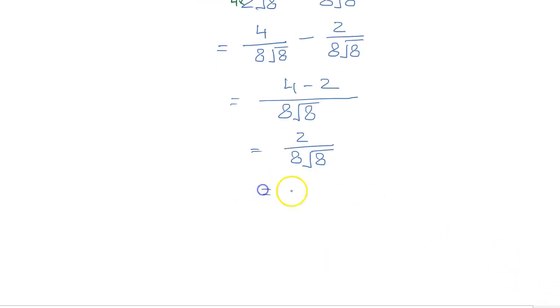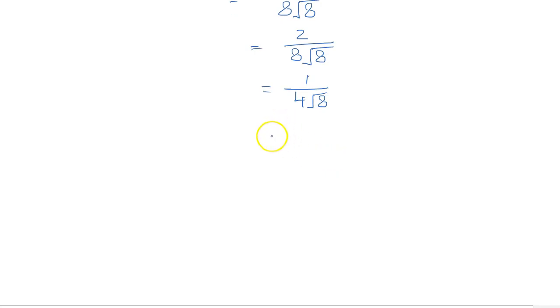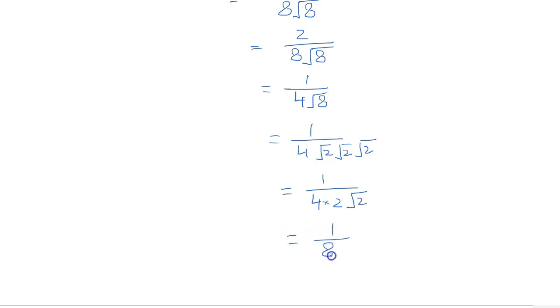We can write this as 1 over 4 root 8. We need root 2, so root 8 can be written as root 2 and root 2, so this is 2 root 2. So that is 1 over 4 times 2 root 2, which is 1 over 8 root 2.